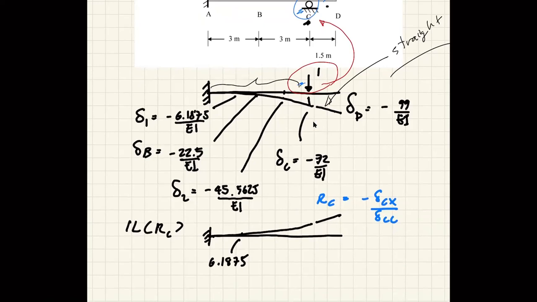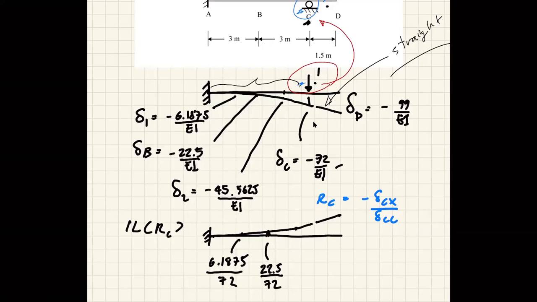Okay. So it is 6.1875 divided by something related to C. That is this one, so over 72. You move on to B. Right there, the number will be 22.5 divided by 72.